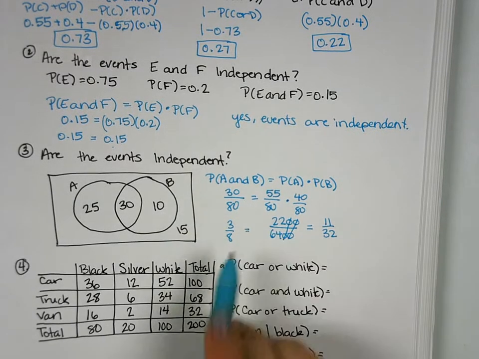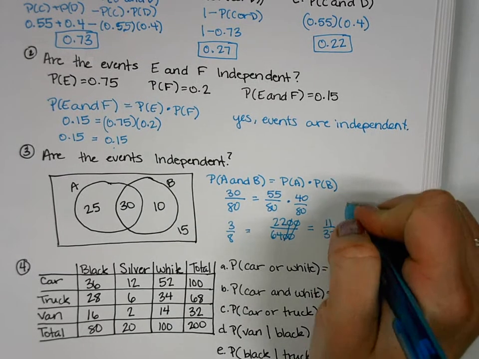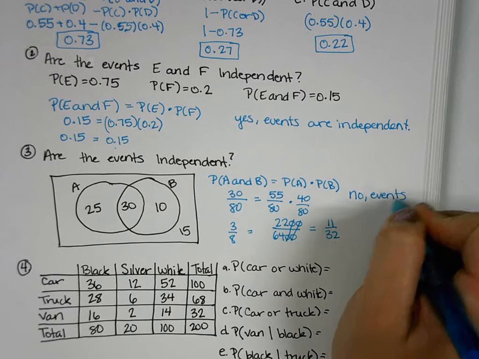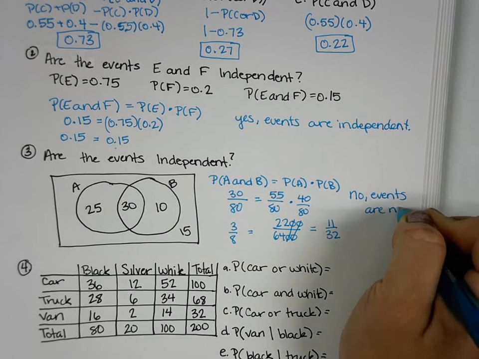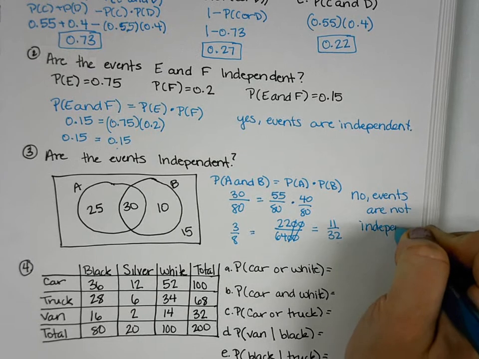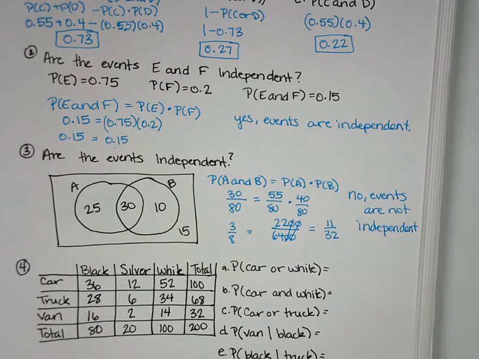So does 3/8 equal 11 over 32? So we would say no, events are not independent. Or if you wanted to, you could say events are dependent. Either way you write it, it's the same thing.